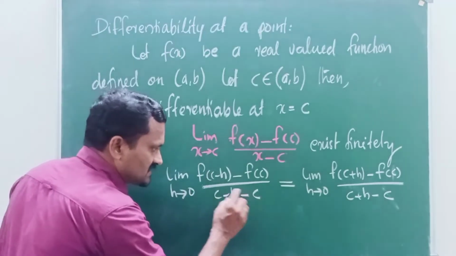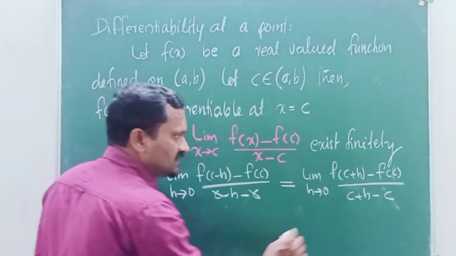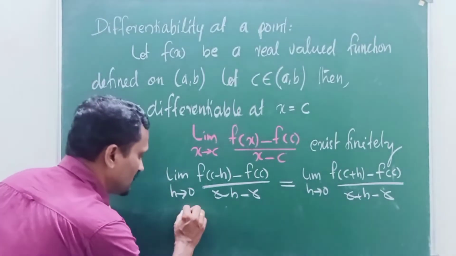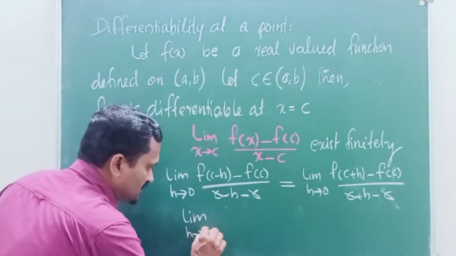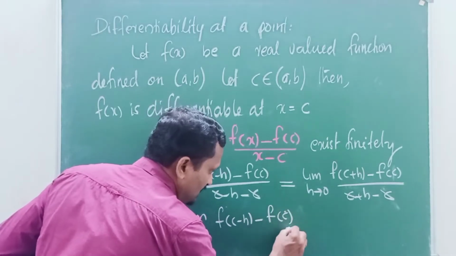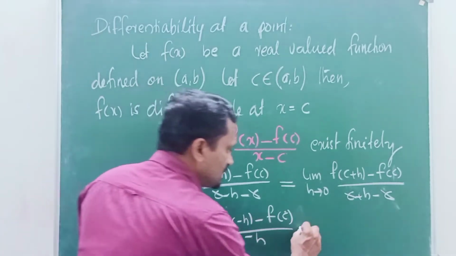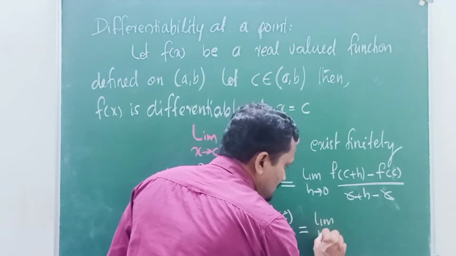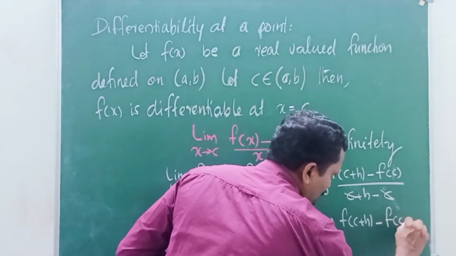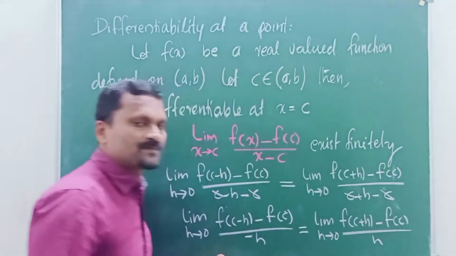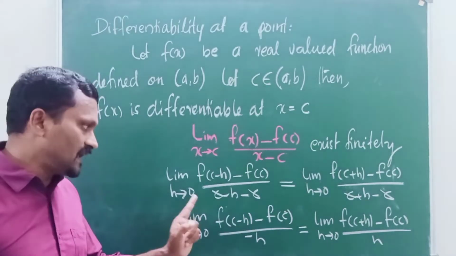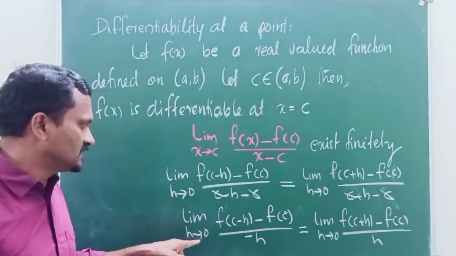We can cancel: plus c and minus c cancel here. Here also plus c and minus c get cancelled. Then it becomes the limit as h tends to 0 of (f(c minus h) minus f(c)) divided by minus h, which is equal to the limit as h tends to 0 of (f(c plus h) minus f(c)) divided by h, which is the required condition for the function f(x) to be differentiable at the point c.